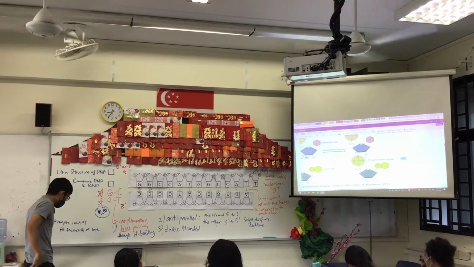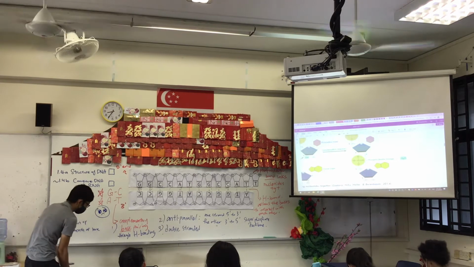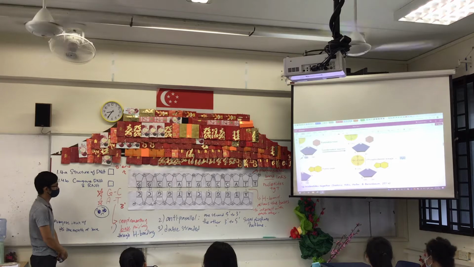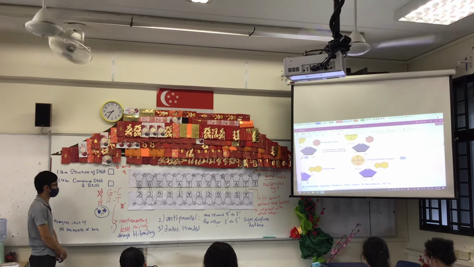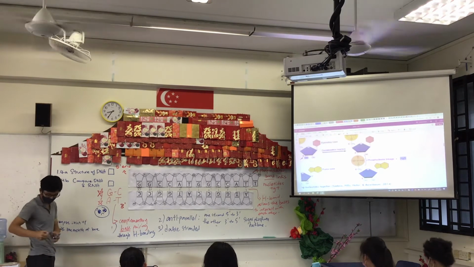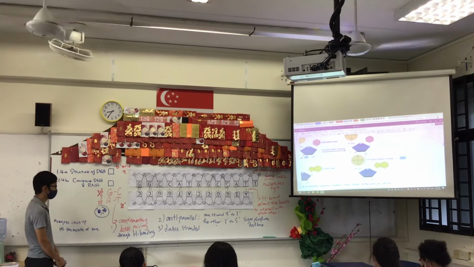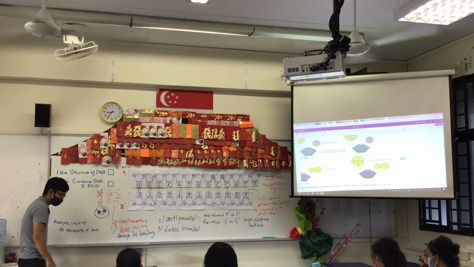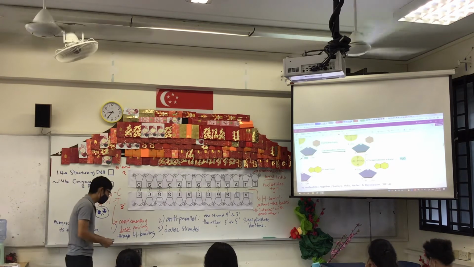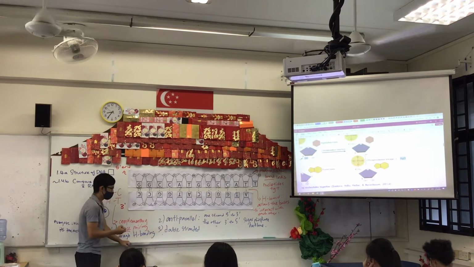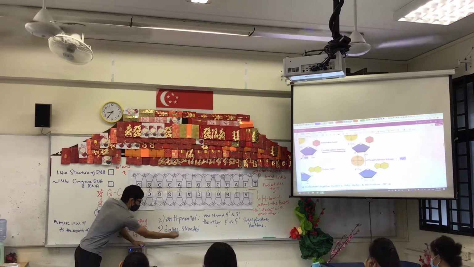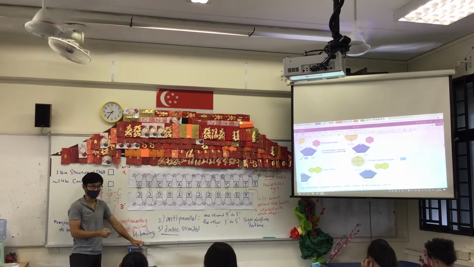Okay, I'm going to summarize the structure of DNA right now. Okay, ready? Let's summarize the structure of DNA. Number 1, DNA is double-stranded. That's the first characteristic.